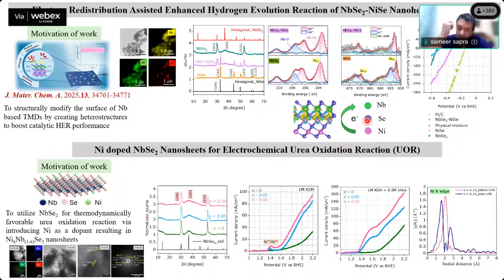So the thermodynamics is much, much better. And you see that urea oxidation, the pink curve, happens much faster than the OER, the green curve. So one can club urea oxidation, one can club a lot of other useful reactions along with hydrogen evolution.